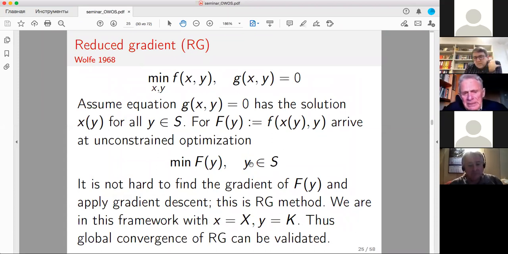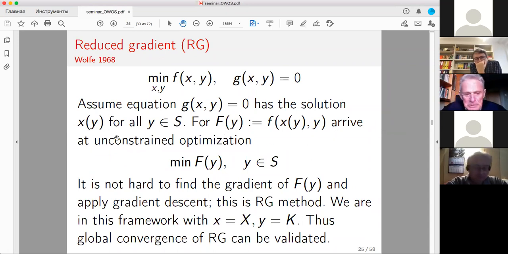Actually, we are in the framework of this problem. We have some equality-type constraints and a function to be minimized. And actually, in this equality, there are two groups of variables, and we can find the solution x for any fixed y.